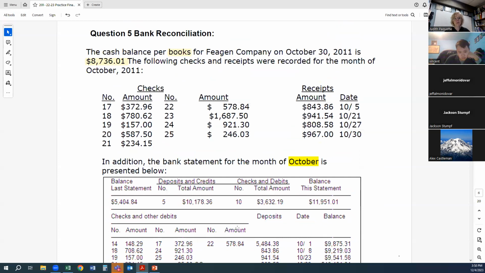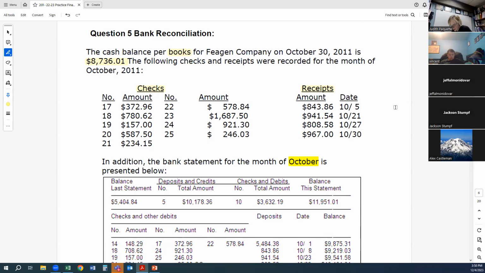So what's new about this bank reconciliation problem is you haven't seen this before. This is the activity that the company recorded. The company recorded writing checks, and the company recorded deposits, money coming into the company, also called receipts, all right?